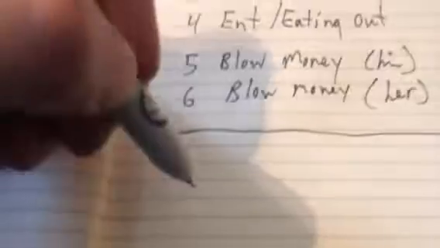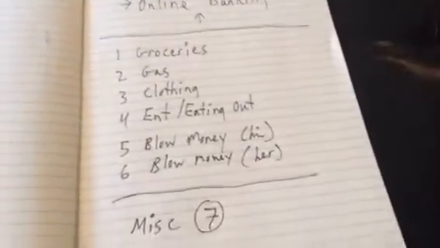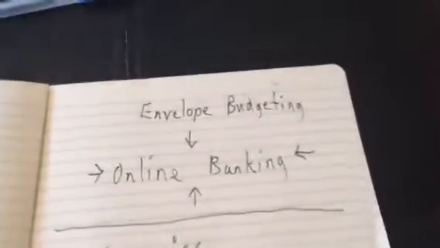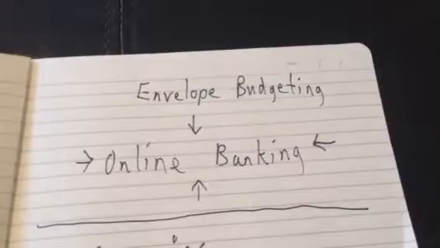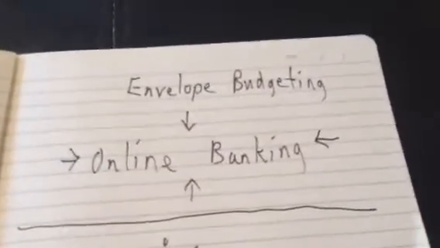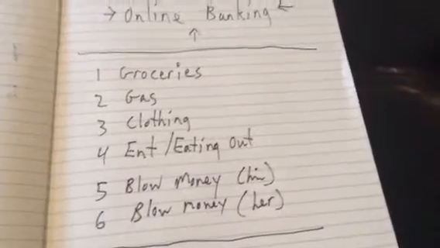Everything else, put that for now into a miscellaneous folder. So this will be envelope number 7. So this is how you start off with basic budgeting. All your banking stuff, you calculate what you're going to need to have in the bank. Everything else is going to go into these 6 envelopes.